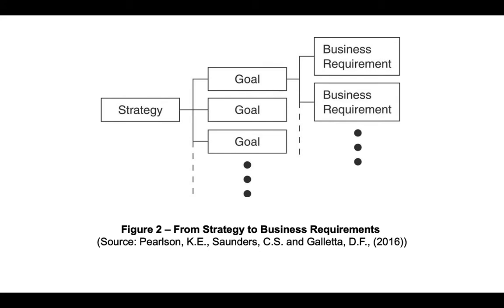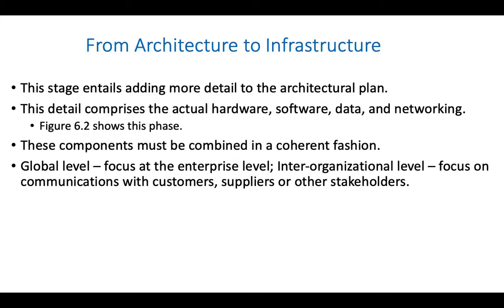You move from strategy to goals, and then from the goals, you need to highlight what the business requirements are. If you try to move from architecture to infrastructure, in short, you need to move. You can summarize that slide as how to move from abstract to concrete.